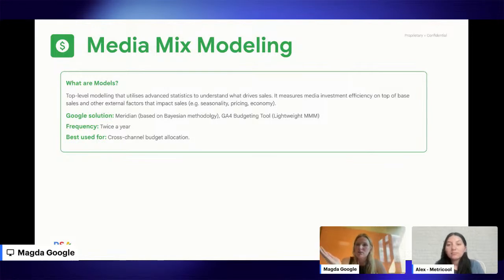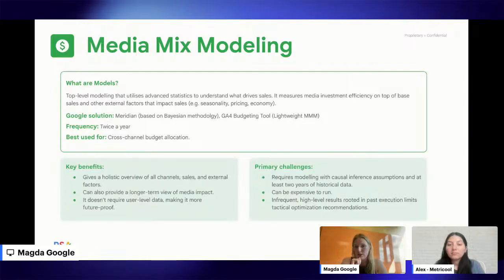And it helps to decide on cross-channel budget allocation. The benefits are that it gives a nice view of all channels, sales, and external factors. It also provides a longer-term view of media impact, and it doesn't require user level data, right? So all the tracking problems are not important for MMMs. It makes it more future-proof.